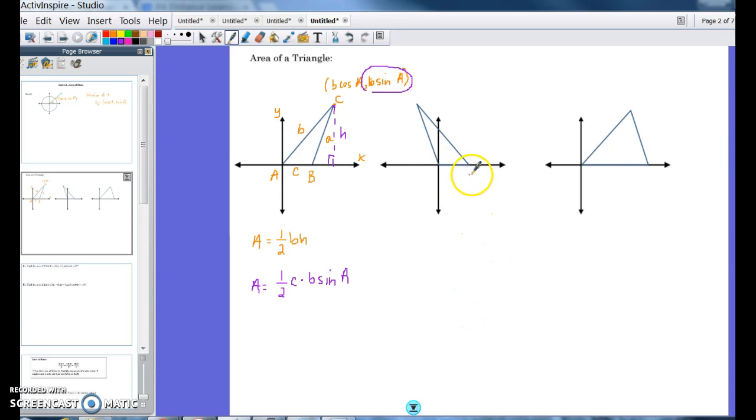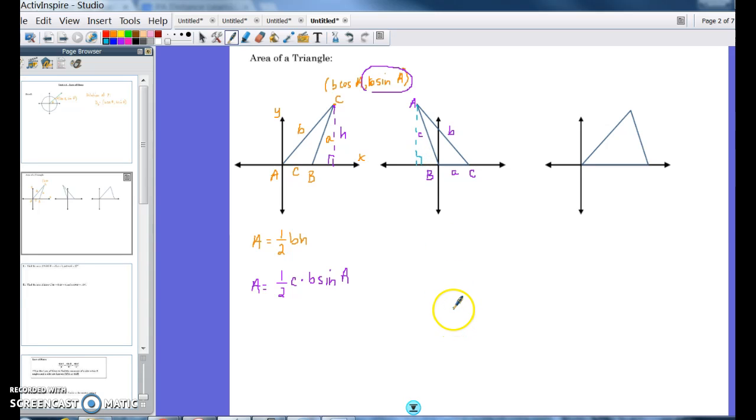Okay, let's look at this second triangle. If this is A here, and this is B, and this is C, so this would be little a, this would be little c, and this would be little b. Now, once again, the height is on the outside of that triangle. My height would be here.